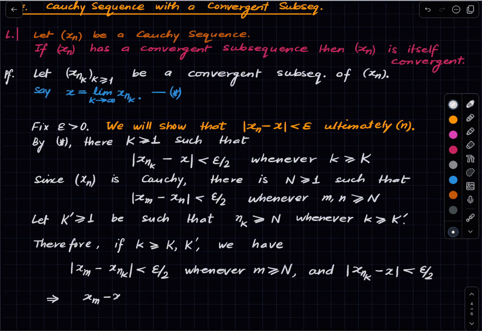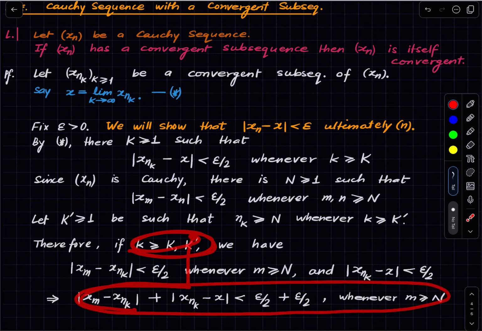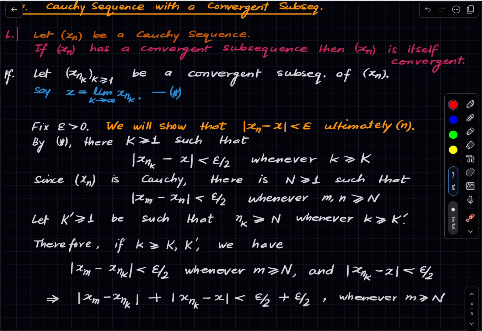this summation is less than epsilon by 2 plus epsilon by 2 whenever m is at least capital N. So what I'm trying to say is that if this is the case, then that is the case. But now apply the triangle inequality.